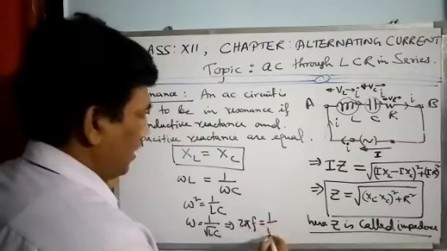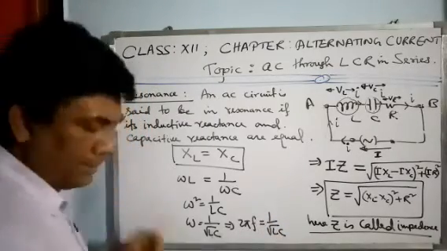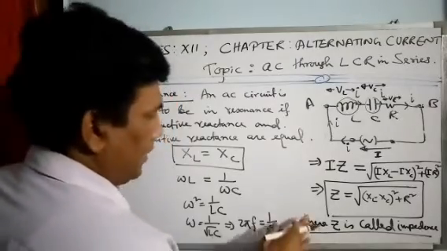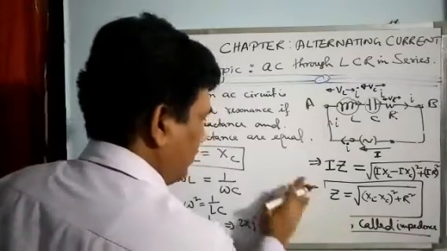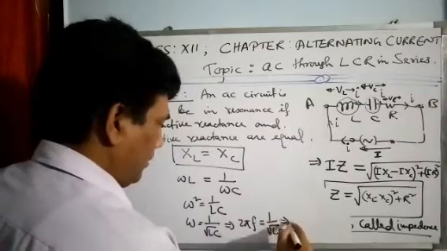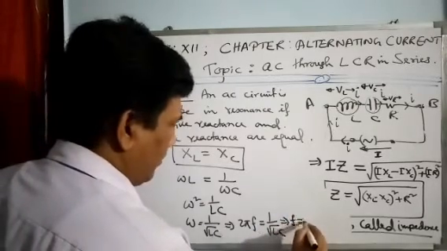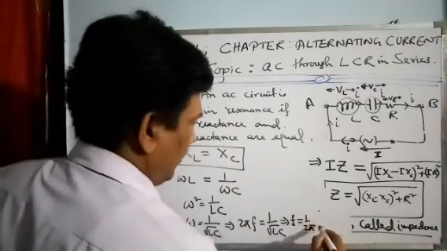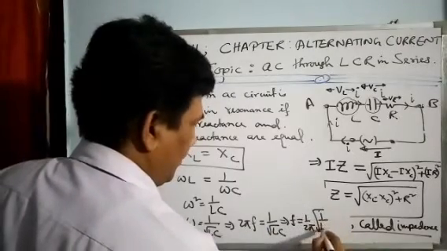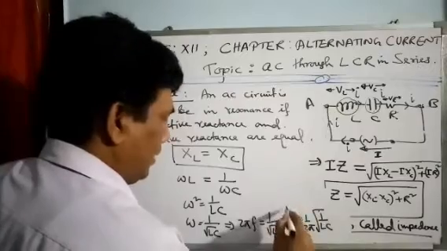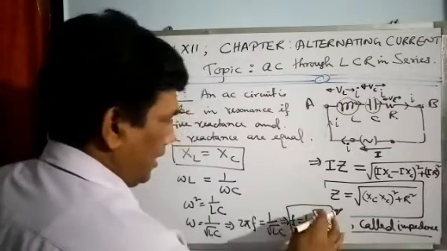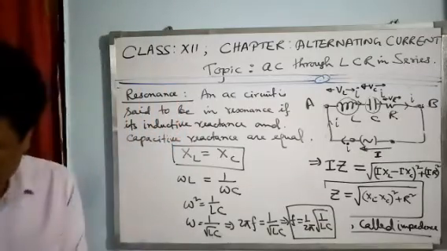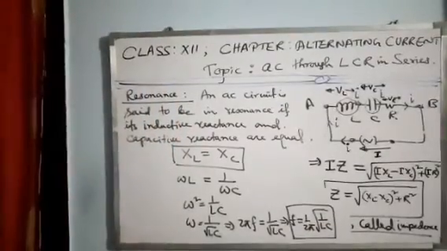So from that expression you can put f equal to 1 by 2 pi under root LC. Remember, this is also one important formula which is very helpful for doing numericals, and I am going to explain the characteristics of this.